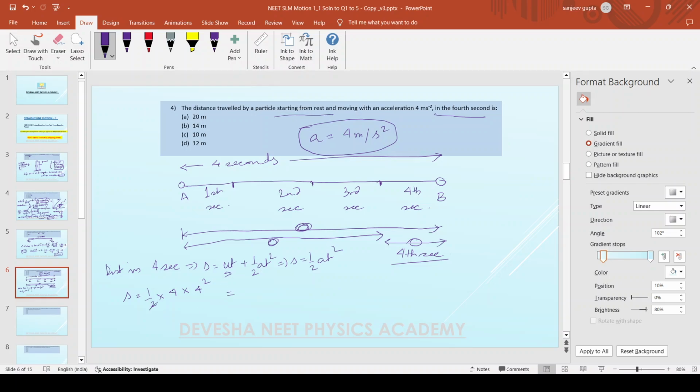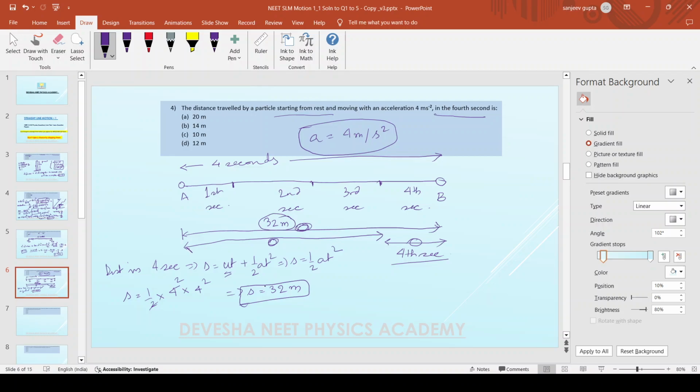This is equal to 2 into 16, so S is equal to 32 meters. It means this distance in 4 seconds is 32 meters, right? In 4 seconds it travels from this place to this place, which is 32 meters.